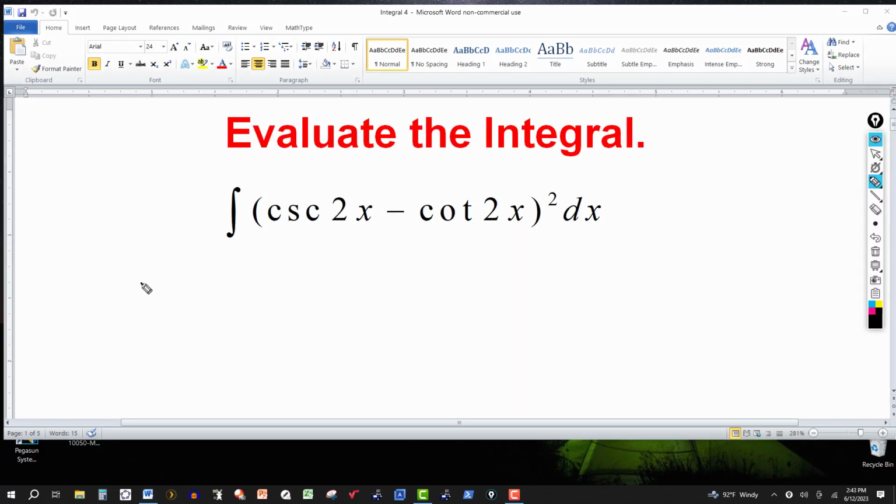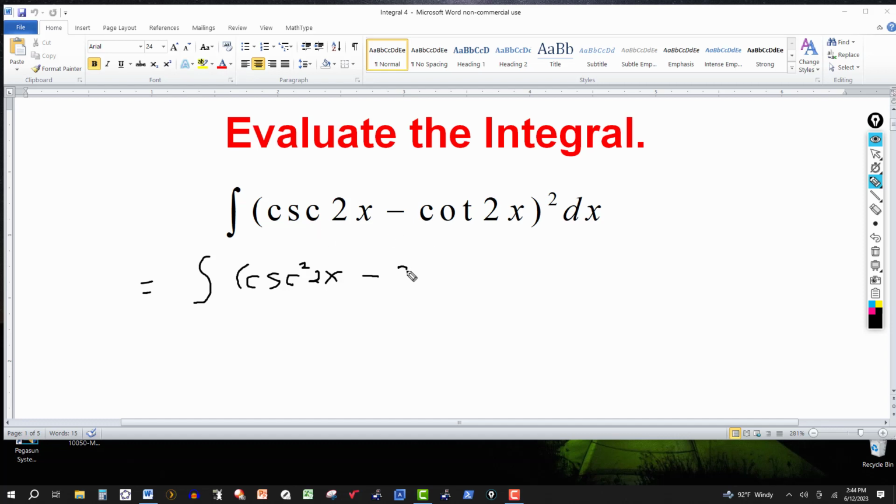So in this case, what we want to do to start off, we have this expression here squared. So let's go ahead and square it and see what we get. We have a binomial type expression, two terms. So we square the first term, we get cosecant squared of 2x. And we have minus twice the product of these two terms, cosecant and cotangent.